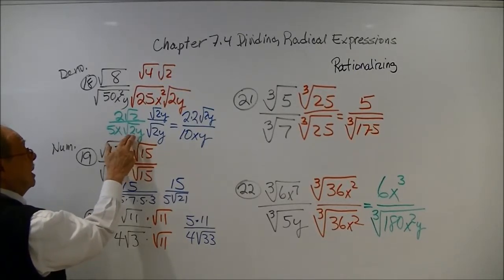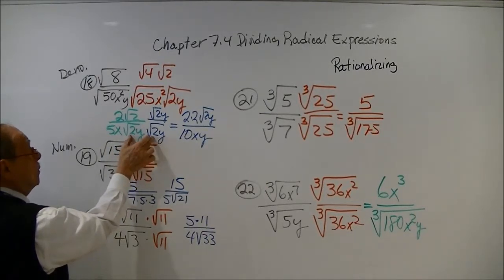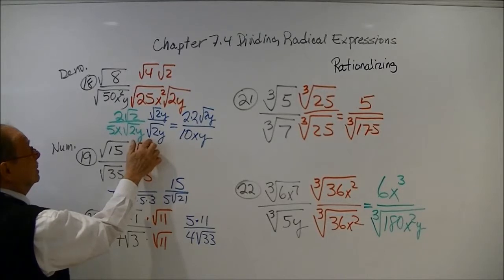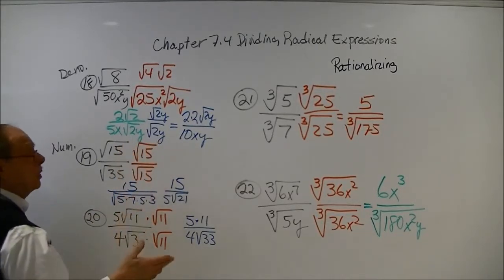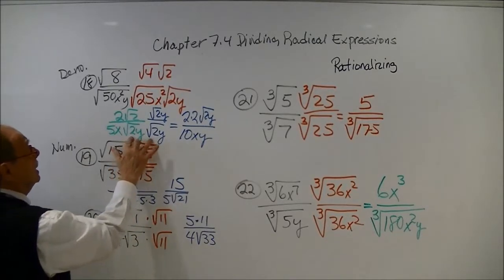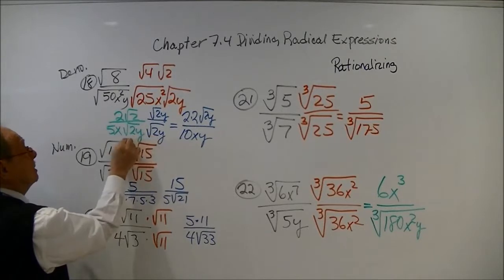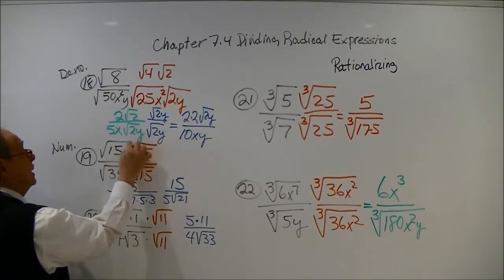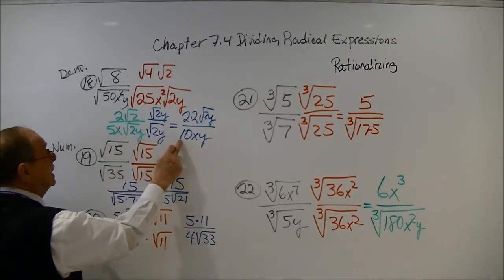So I'm going to multiply this by itself. So that will eventually become 4y squared. The square root of 4 is 2. So I have a 2 that comes out of here, a y that comes out of here. So 2 times 5 is 10.